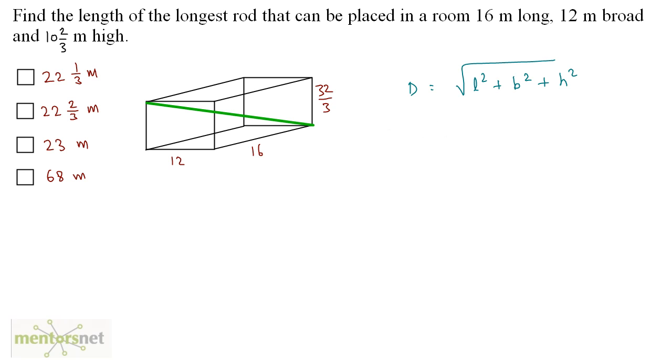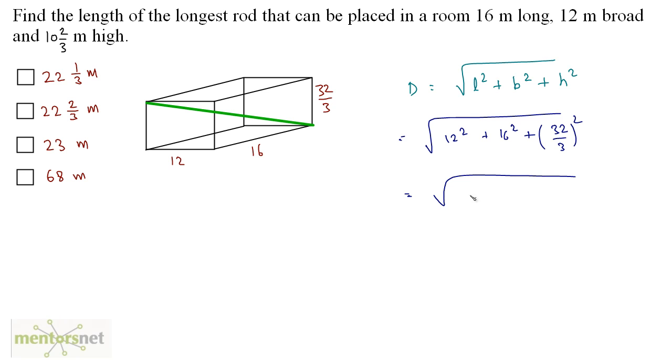So we have the values. Let's put those in and calculate the value of D. So this is equal to under root of L square, that is 12 square plus 16 square plus 32 by 3 whole square. This is equal to 12 square is 144 plus 16 square is 256, and plus we have 32 square, which is equal to 1024, divided by 3 square, which is basically 9, right?